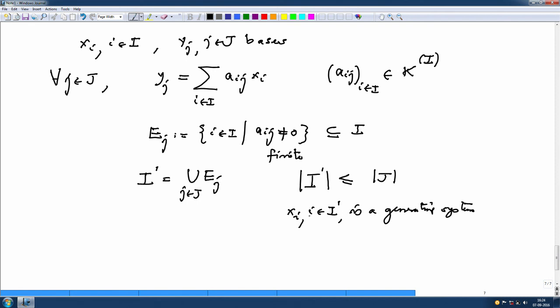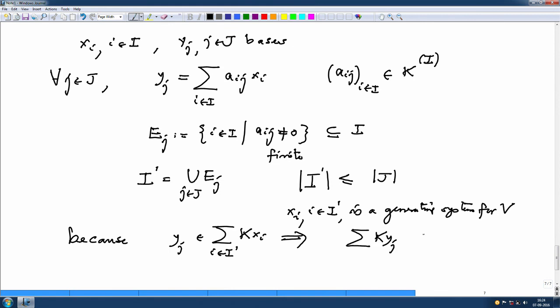So, the subspace generated by this will contain all y_j's and therefore, it will be a generating system for V, because y_j belongs to the subspace generated by x_i, i in I prime. Therefore, the subspace generated by the y_j's will be contained in the subspace generated by x_i, i in I prime, but this is already V because y_j is a basis, therefore, this has to be V. So, that implies this is a generating system.